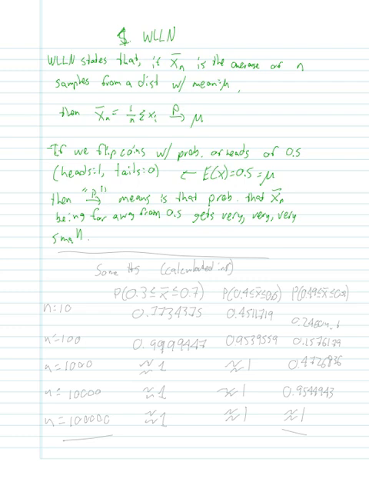Now, to close this talk on the weak law of large numbers out, I want to just give you some numbers for this distribution to maybe help visualize that a little bit better. I used R to calculate these numbers, but really there's plenty of tools online that could help you find the CDF of a binomial distribution.